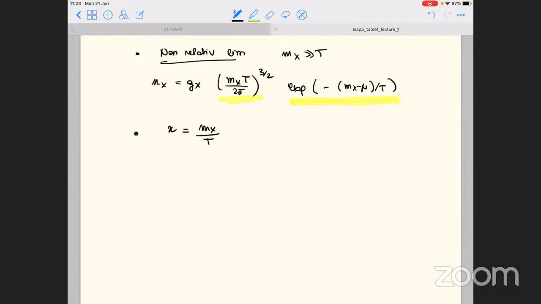So I'm playing with two dimensionless quantities: Y, the number density divided by the entropy density, and x, which is the mass of the dark matter divided by temperature. At very early time, I have a very high temperature. At later time, I have rather low temperature.